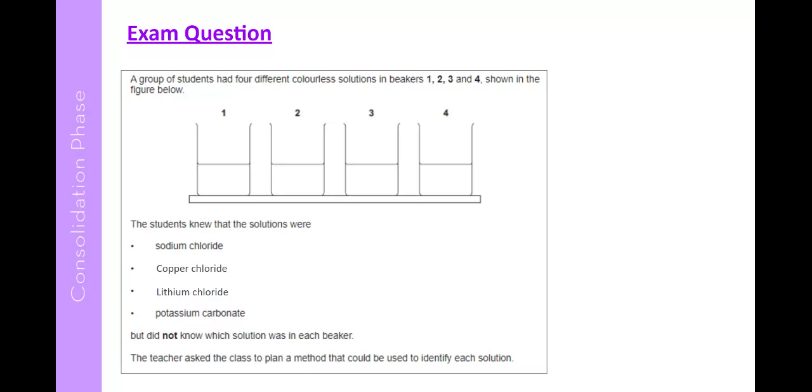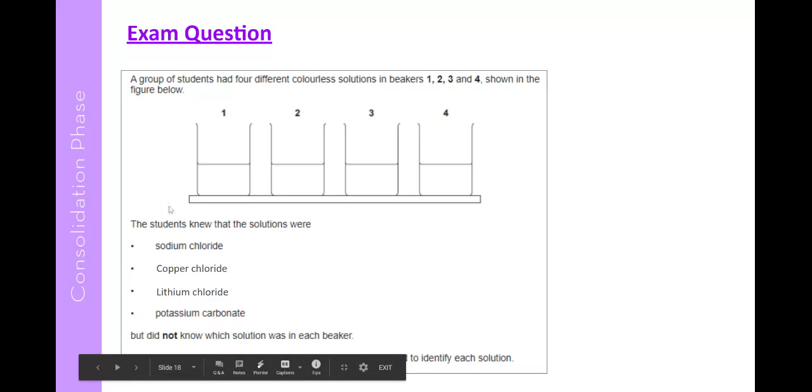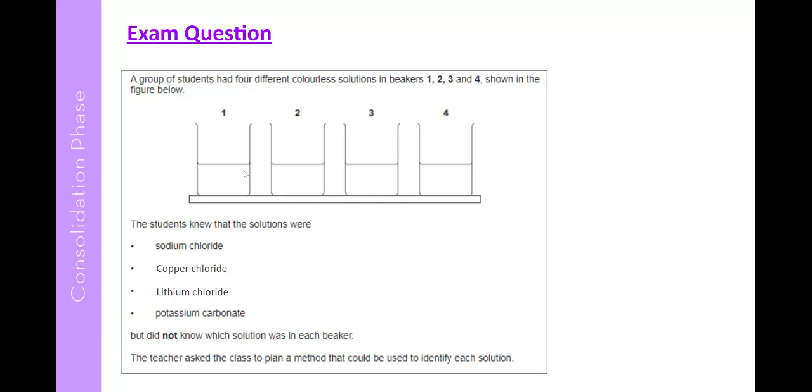The teacher asked the class to plan a method that could be used to identify each solution. So think about what they could have done to find out what solution contained what metal ion. So you've got sodium, you've got copper, you've got lithium and potassium, but they don't know which one is in which. How could they test them? So pause the lesson video, complete your answer, unpause it when you're ready for your marks.